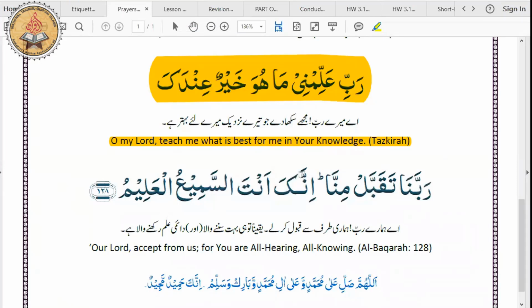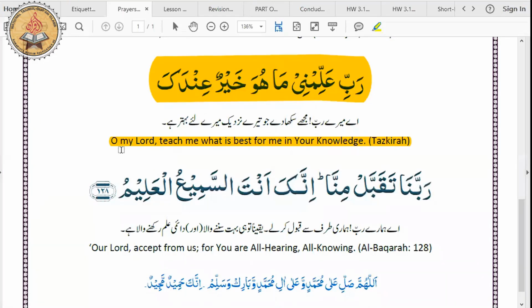A'udhu billahi minash shaitanir rajim. Bismillahir rahmanir rahim. Rabbi allimni ma huwa khayrun indaka. And how you read the last word when you are pausing over it?